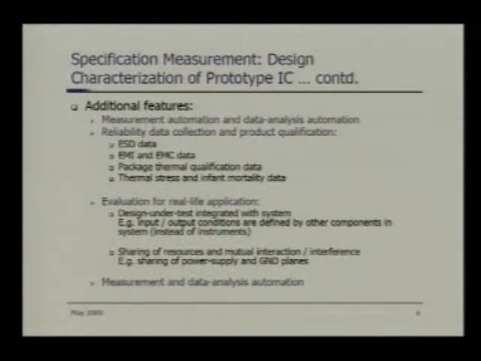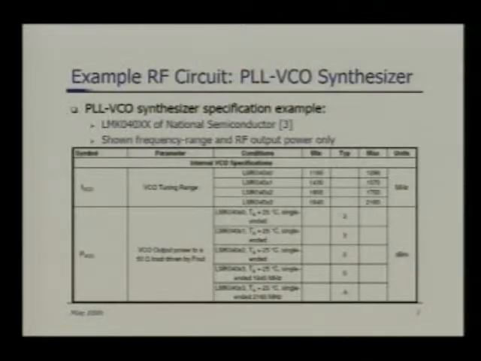So there may be noise related issues, noise getting contaminated from the other portions of the circuitry in the system into the circuitry that you are designing. So sharing of resources like the power supply and the ground plane, you have to also qualify for during the characterization. So these are the main things in device characterization.